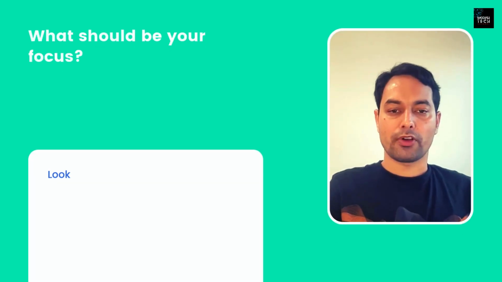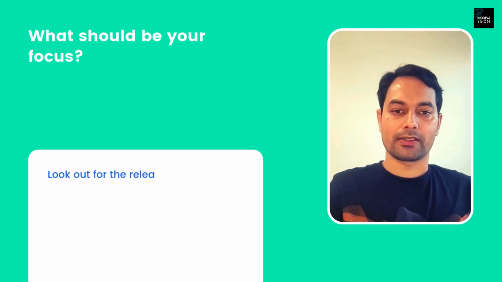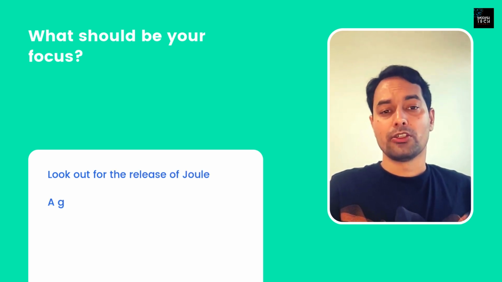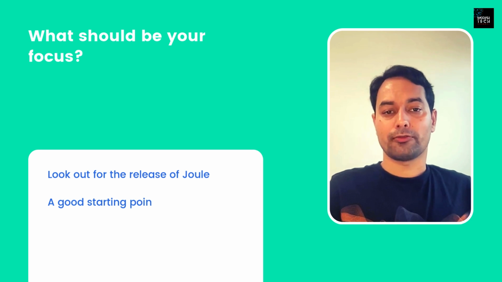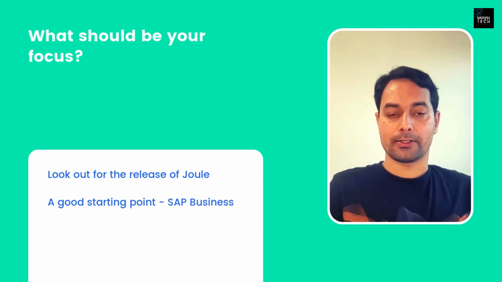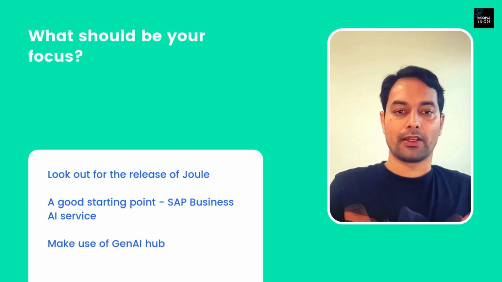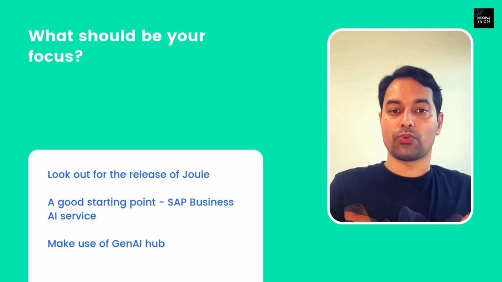So, in terms of what should be the key focus areas, as I've already mentioned, Joule should be looked out for. So, whenever it's generally available, you should look out for it. Reason being, it's good to know what Joule can do, but I think the most important thing is it's good to know what it cannot do.